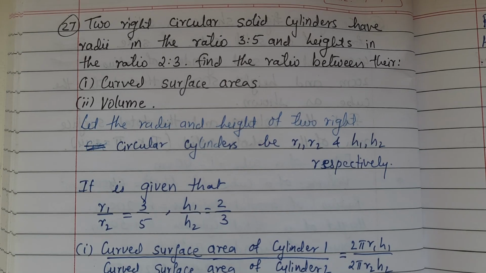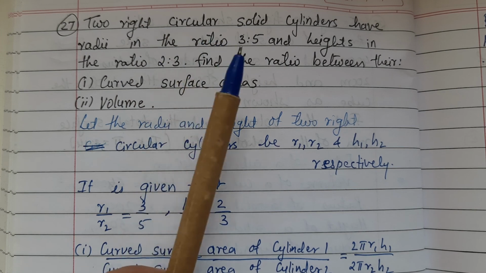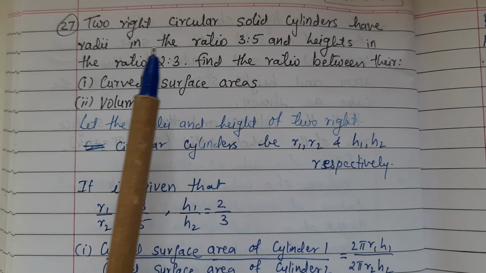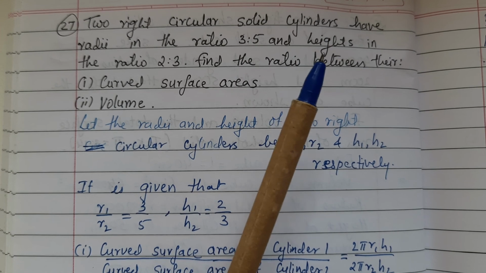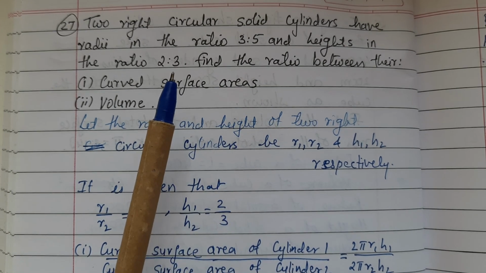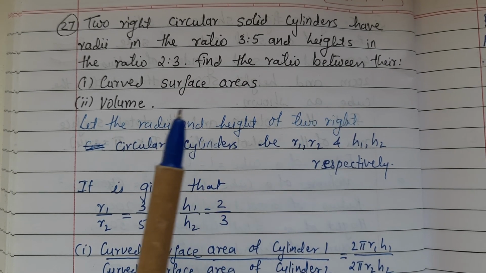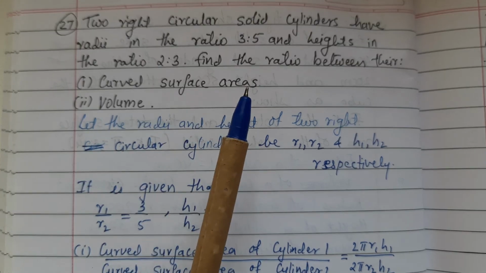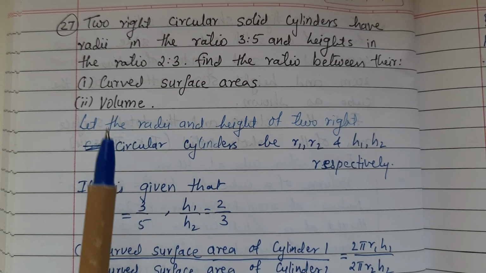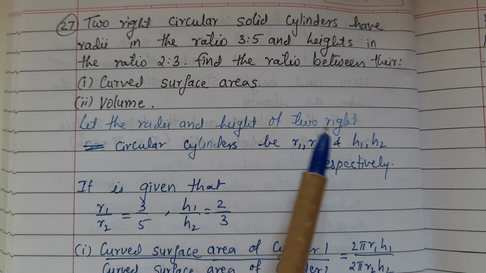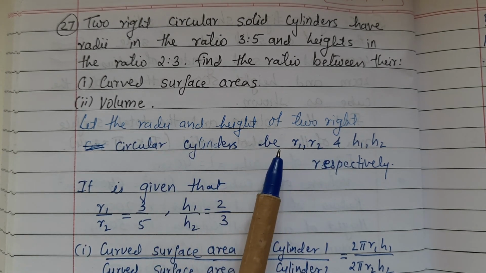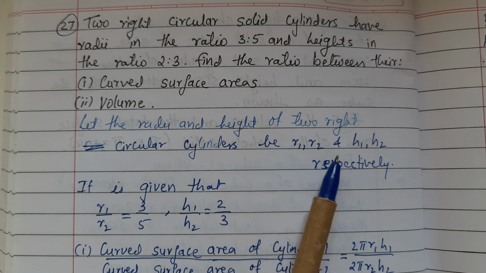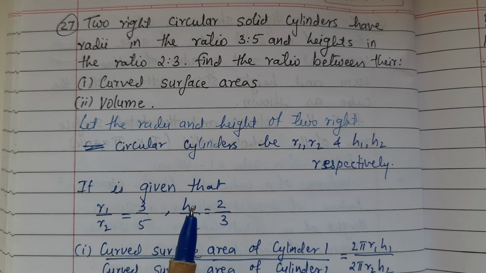Sum number 27. Two right circular solid cylinders have radii in ratio 3:5 and heights in ratio 2:3. Find the ratio between their first part, curved surface area, second part, volume. Let the radii and heights of the two right circular cylinders be R1, R2 and H1, H2 respectively. Given that R1 upon R2 is equal to 3 upon 5 and H1 upon H2 is equal to 2 upon 3.